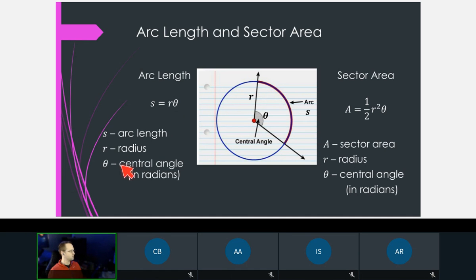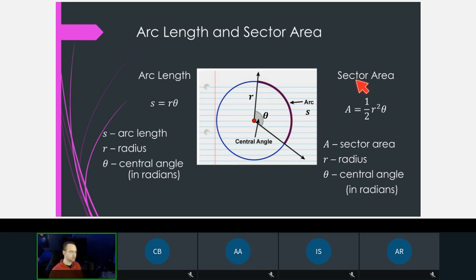And then your angle of your sector is theta, and important, make sure it is in radians. I would say most formulas deal with radians over degrees, most of the time, but not always.